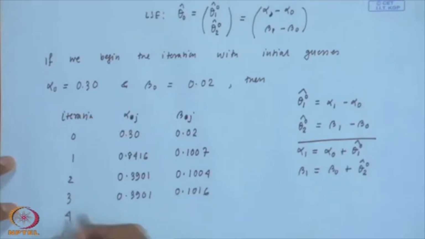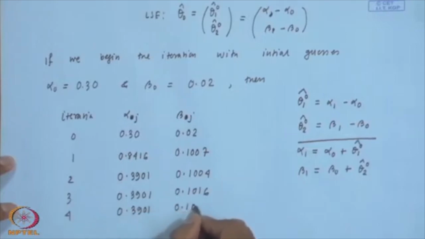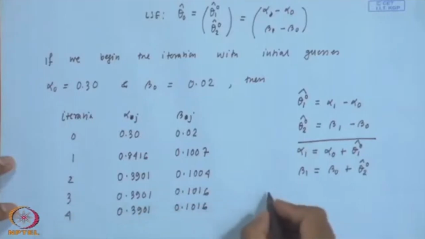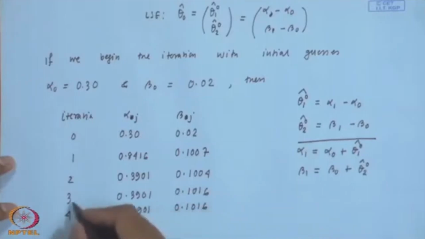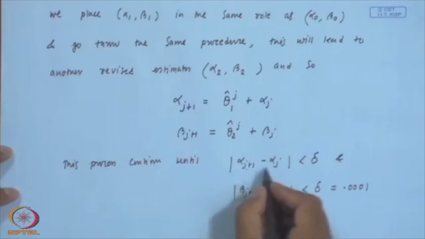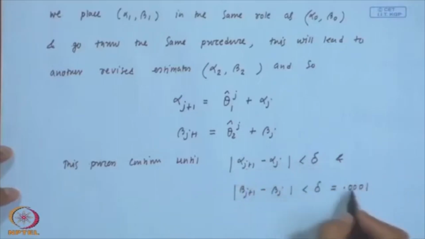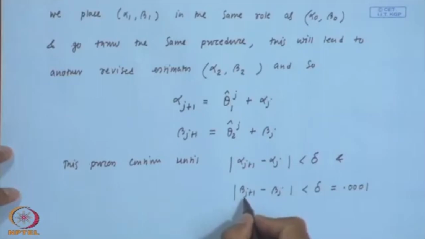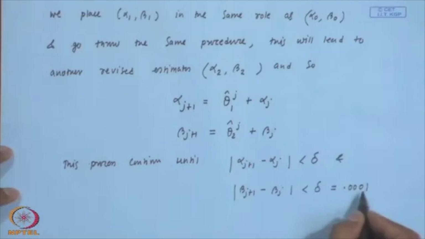In the fourth iteration you will see alpha is not changing, 0.3901 and 0.1016. So, there is no difference between the third and fourth step, and alpha 4 minus alpha 3 is less than delta. Similarly for beta 4 minus beta 3, there is in fact no difference, it is 0. So, we can stop here.